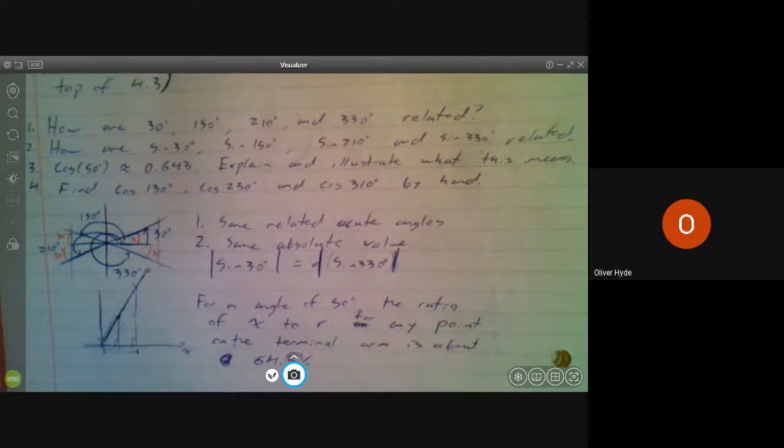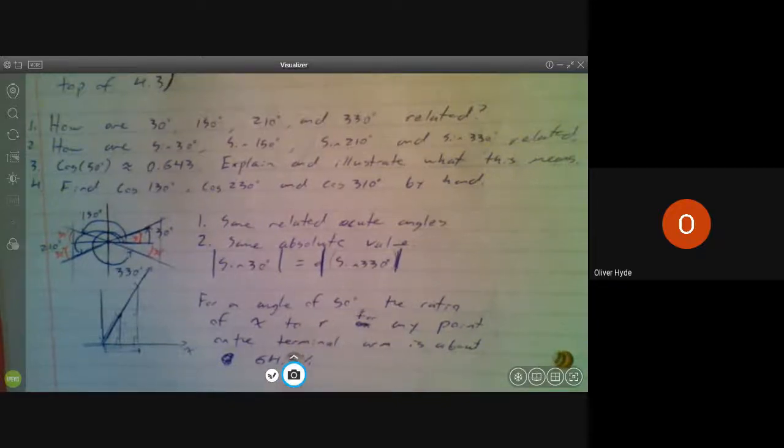That's one way of writing a ratio. I suppose I could have said that the x value will be about 64.3% of whatever the radius is as well.